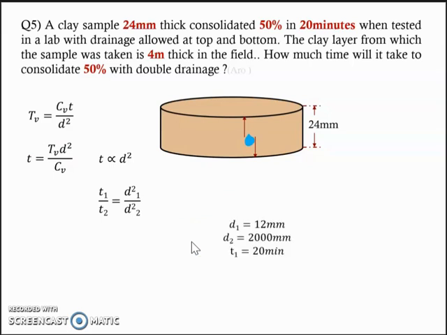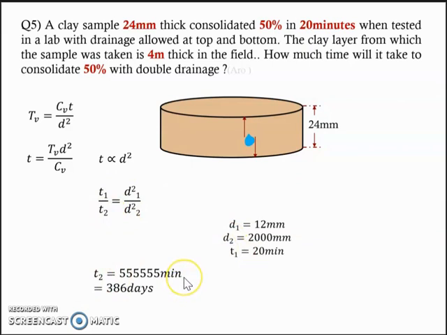where D1 is half the thickness of the sample that you have in the laboratory, which is 24 by 2, and D2 is half the thickness of the sample you have in the field, which is 4 meter by 2, that's 2 meter or 2000 millimeter to have consistent units. And T1 is the time taken in the laboratory, that's 20 minutes. So when you substitute D1, D2 and T1 in this equation, you can get T2 in minutes.